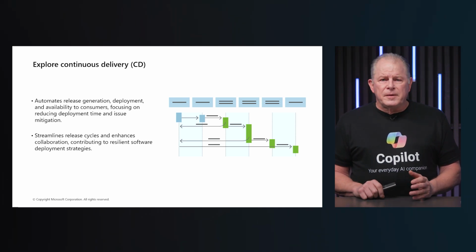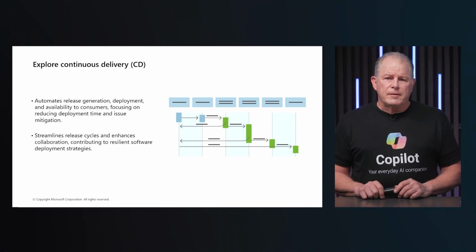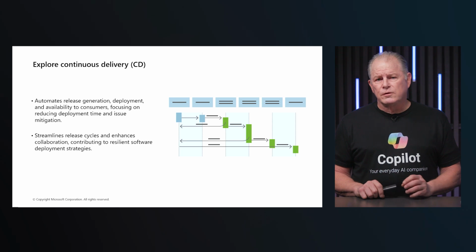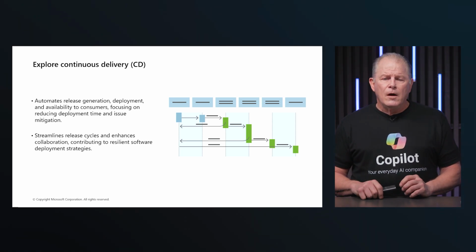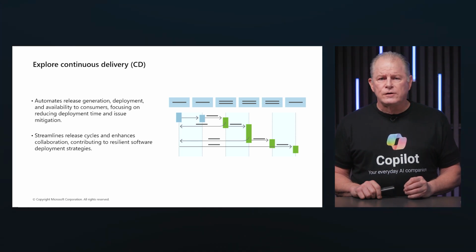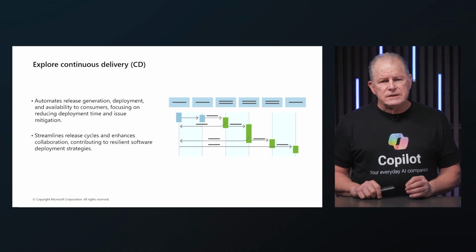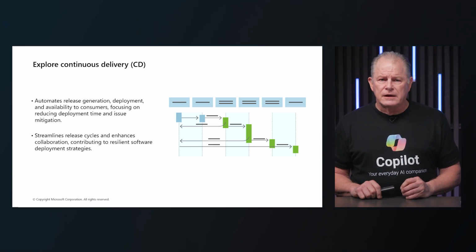Ensure that your development, testing, and production environments are as similar as possible to avoid issues that only appear in production. While continuous delivery and continuous deployment are often used interchangeably, there are distinct differences. Continuous delivery ensures that code is always in a deployable state, but the actual deployment to the production environment is a manual step.